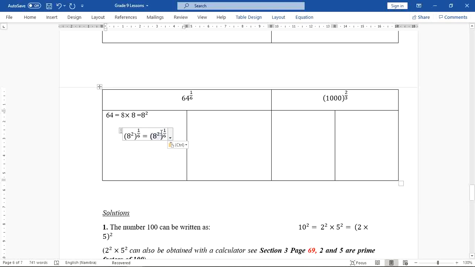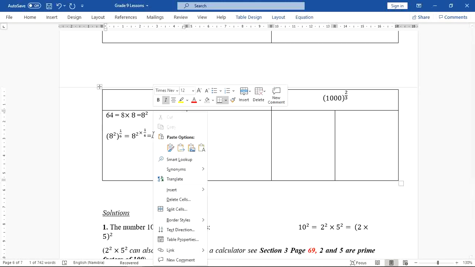So these two can now go, and here I should put a multiplication sign. You multiply this exponent with the one outside, and if you do that, you end up with 8 exponent.